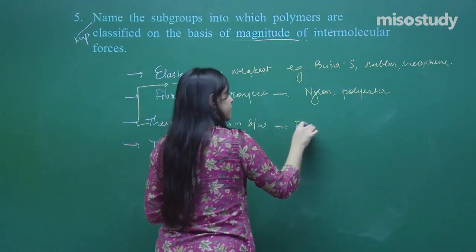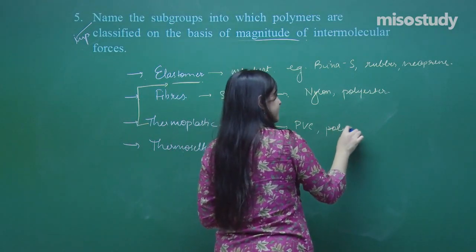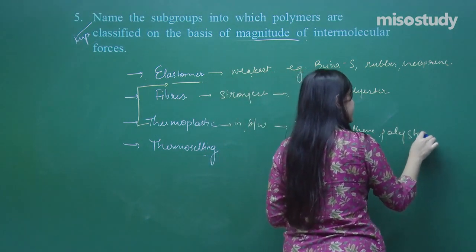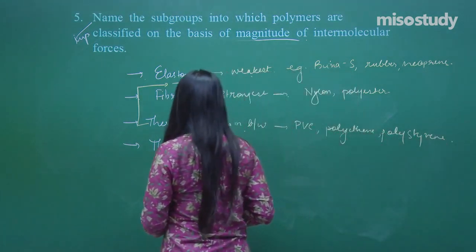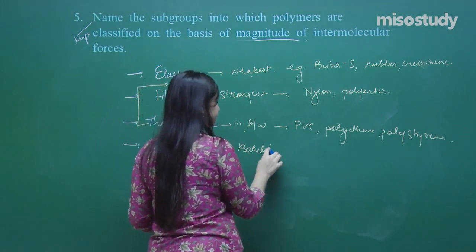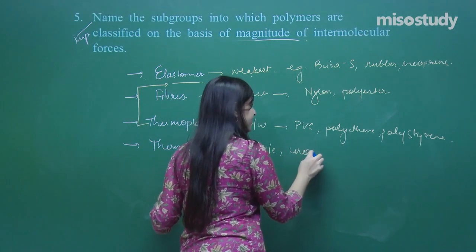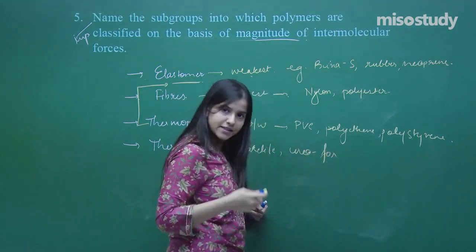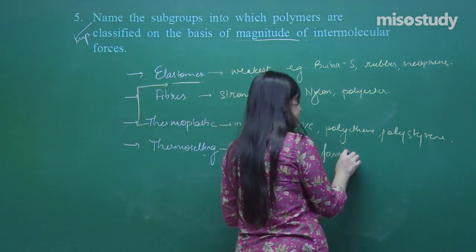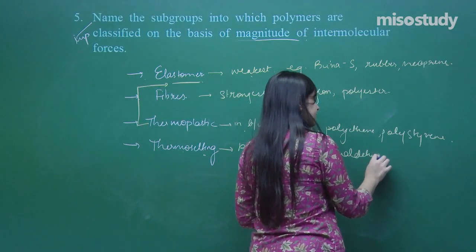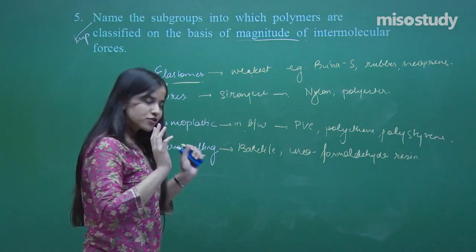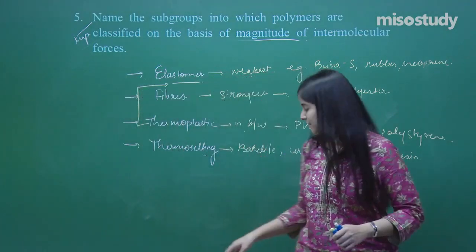Thermoplastic: PVC, polyethylene, polystyrene, etc. Thermosetting: bakelite, urea formaldehyde resin, yes, all those resins we have discussed again lie under the category of thermosetting. Formaldehyde resin, yes, clear? So I'm just rubbing this off. I hope everybody has noted this down.